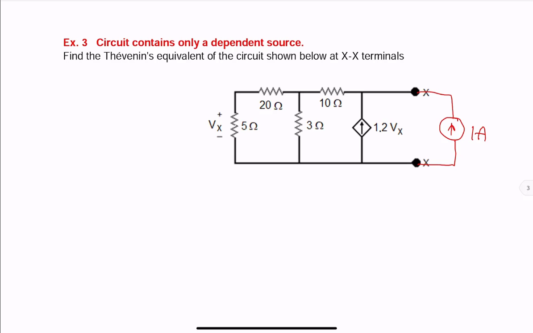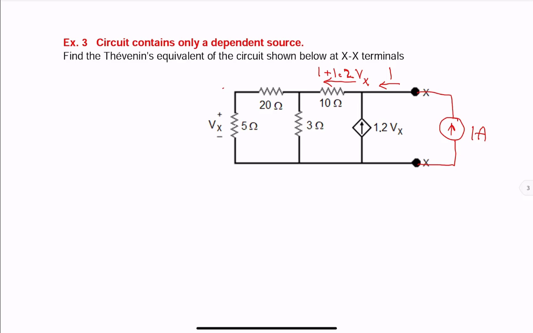So 1 amp coming to that node, according to Kirchhoff's current law, adds up to that current, and we get 1 plus 1.2 Vx. That's the current moving into the 10 ohm resistor.